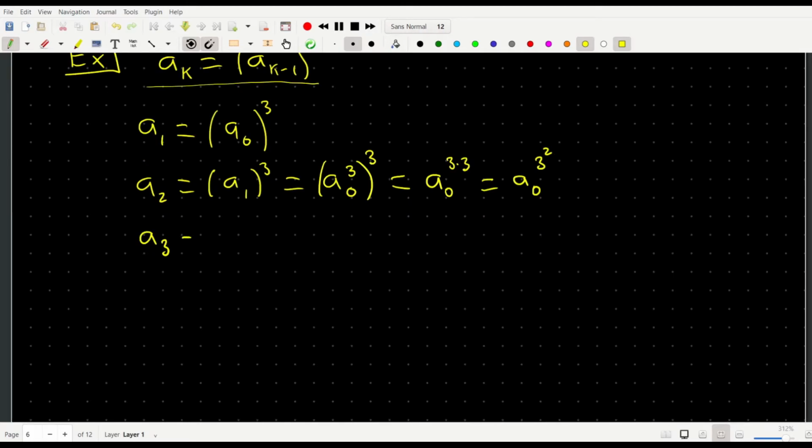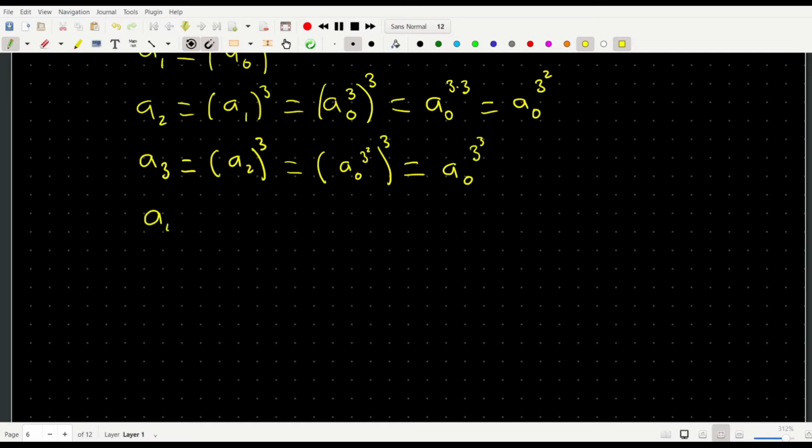If we do a3, this is going to be a2 cubed, or a naught to the 3 squared cubed, which is going to result in a naught to the 3 squared times 3, which is a naught to the 3 cubed.